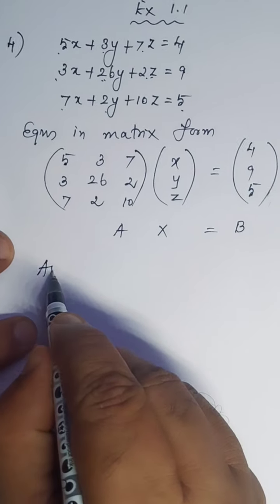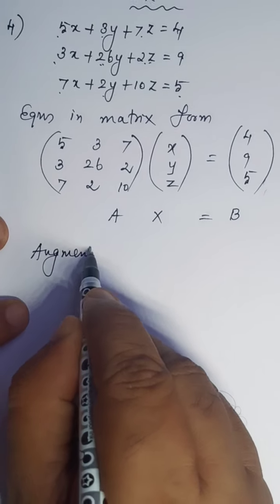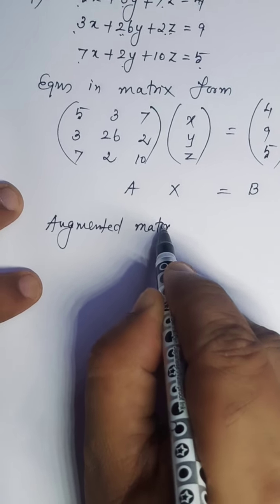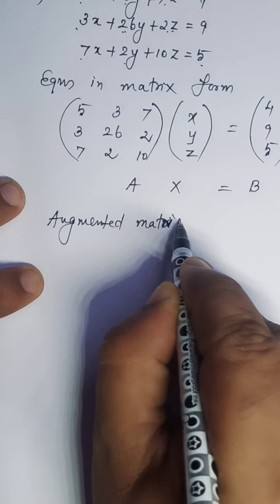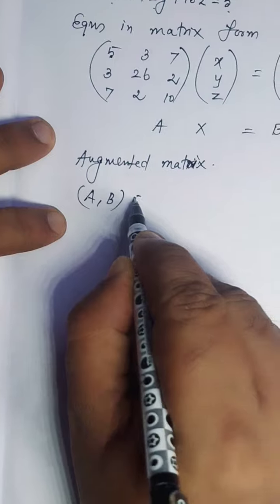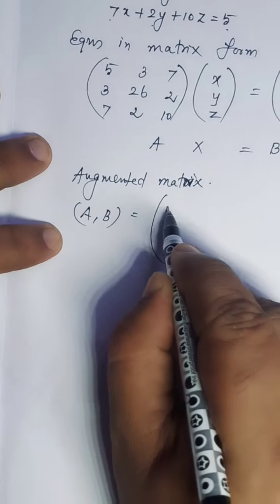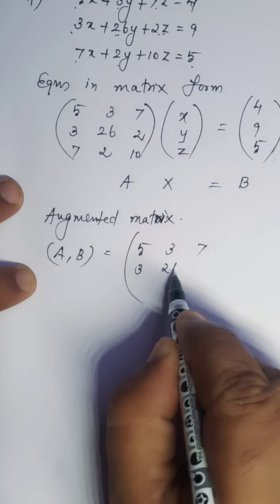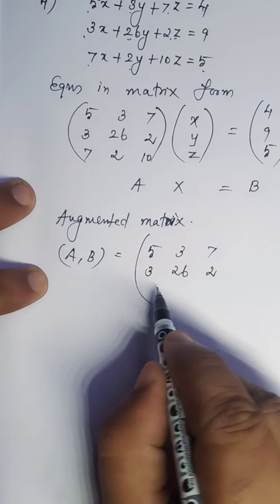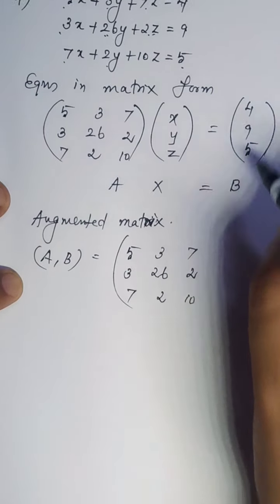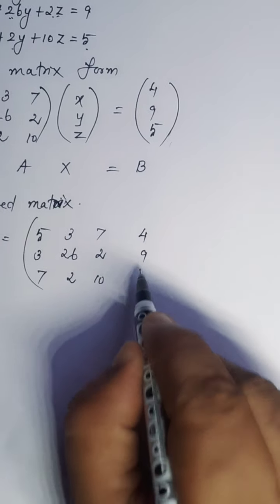Now the augmented matrix: the two matrices together, A and B. First the A matrix 5, 3, 7, 3, 26, 2, 7, 2 and 10, then followed by the matrix B 4, 9, 5.